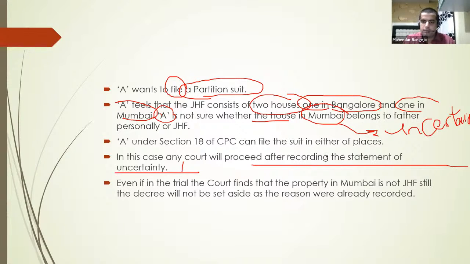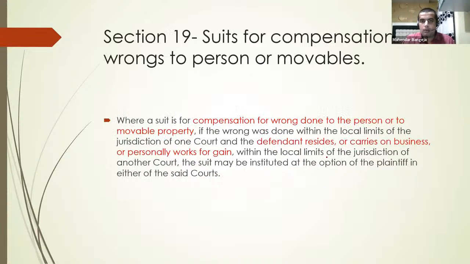Clear? Right. Understood. Now, last section. Now, this is an interesting section और बहुत basic है. Where a suit is for compensation of wrong done to a person or to immovable property, if the wrong was done within the local limits of the jurisdiction of one court and the defendant resides and carries on or personally works for gain within the local limits of another court, the suit may be instituted at the option of the plaintiff in either of the said courts.